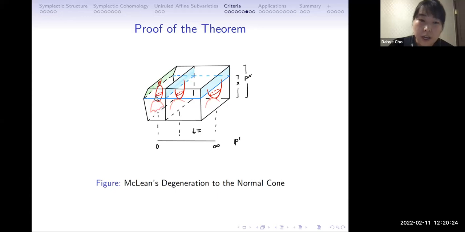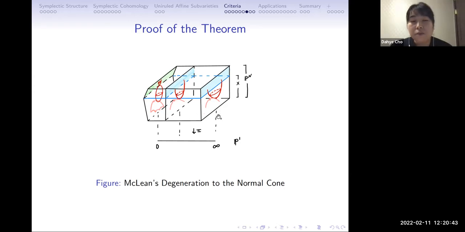Then we have the fiber over 0 consisting of a projective variety F and the exceptional divisor E, and F minus E is isomorphic to the original affine variety M.